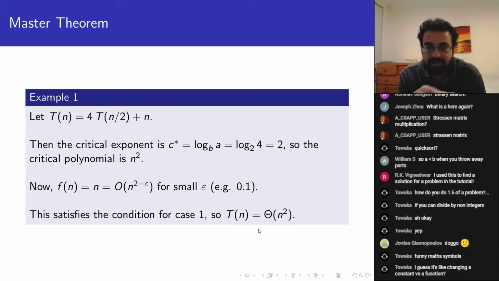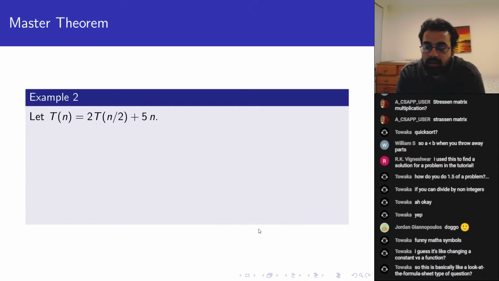All we had to observe is that there's an exponent, in this case 2, which is strictly bigger than the exponent in my f(n), which was 1, so much so that I could pick something in between. 1.9 works fine, and at that point I can write down the answer to the problem. We're going to see a couple of examples where it's less simple, but for now, definitely.